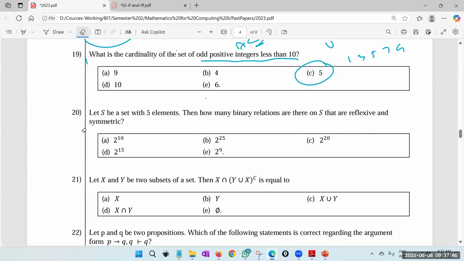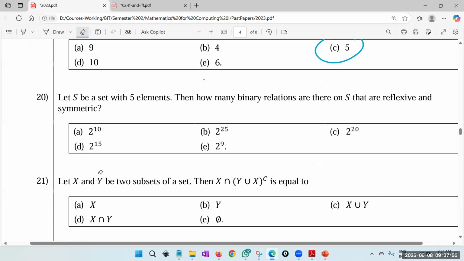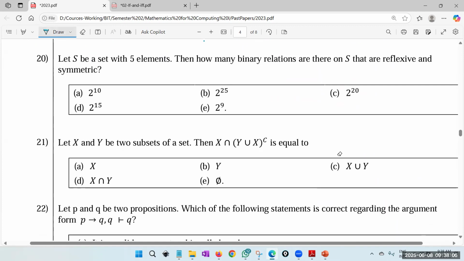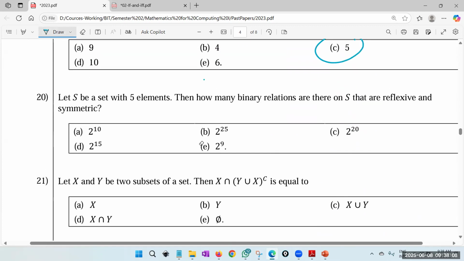Right. Question number 20. Let S be a set with 5 elements. Then how many binary relations are there on S that are reflexive and symmetric? So that means you have 5 elements, say 1, 2, 3, 4, 5.